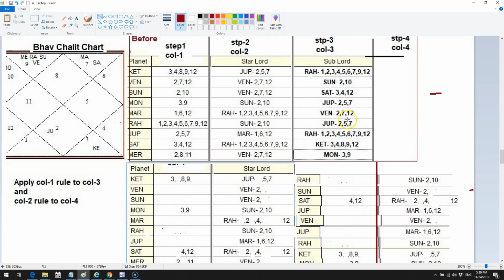So the first is of course a job. She got a job during the Rahu period, and Rahu here indicates so many different houses.